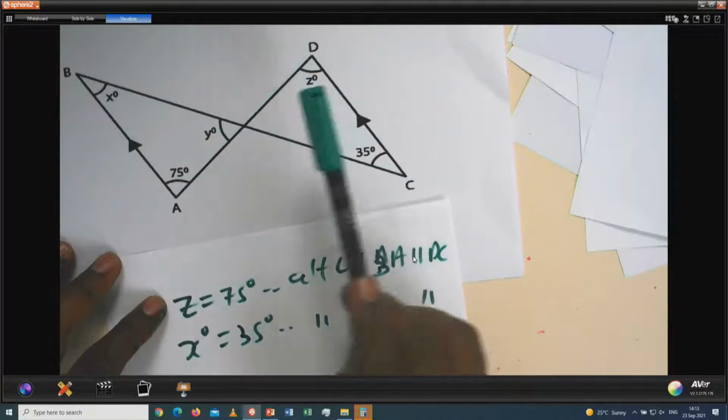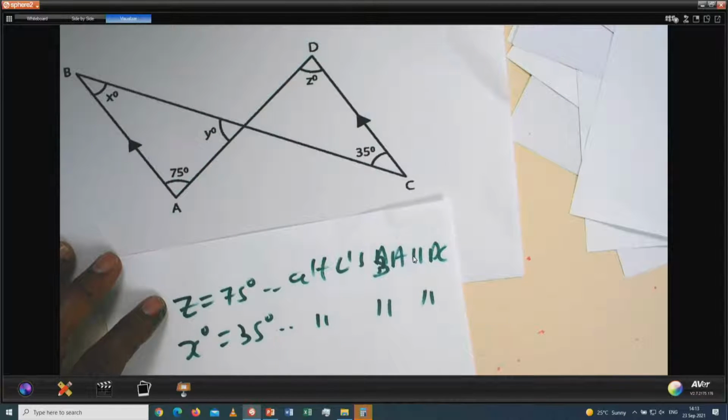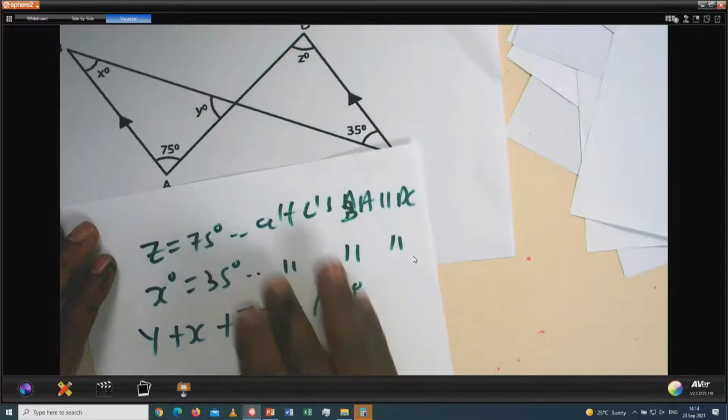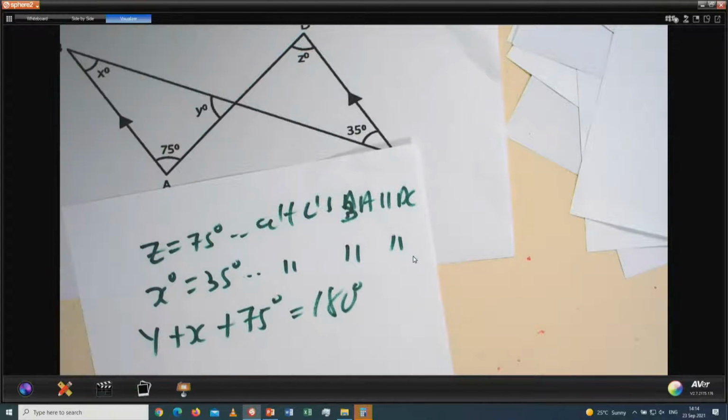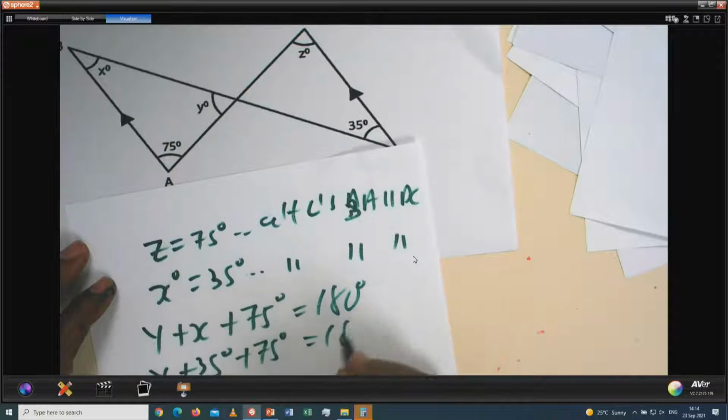Therefore, you've got your Z, you've got your X. And then your Y, of course, is Y plus X plus 75 degrees gives you 180. When you add all angles of a triangle, they should give you 180. But we know what X is. X is 35 degrees, we've just calculated up there.